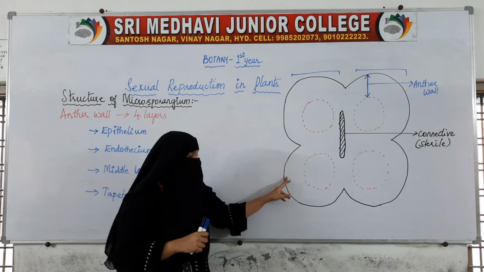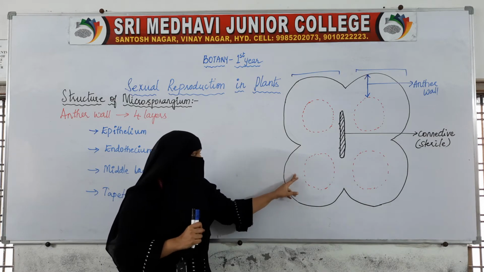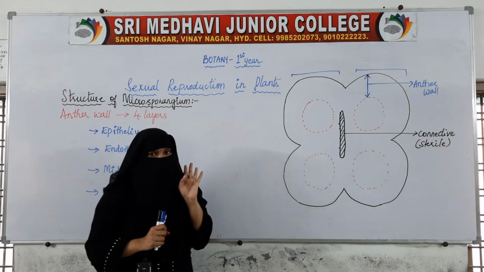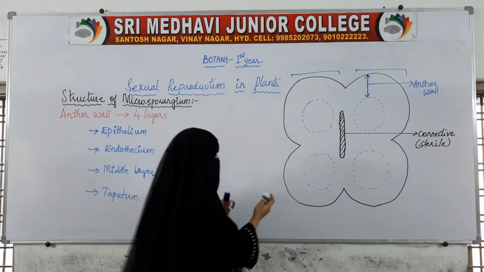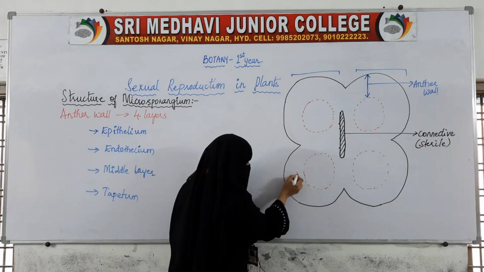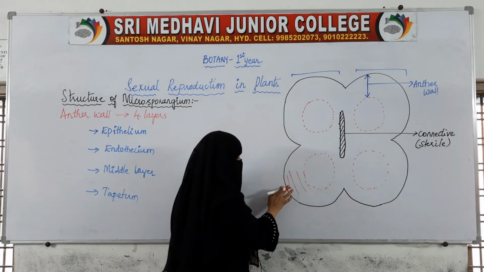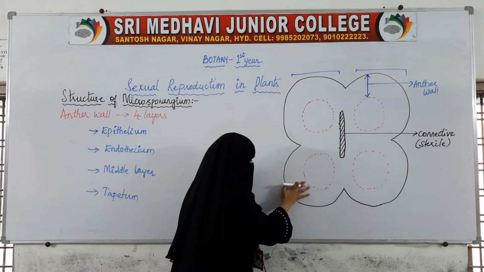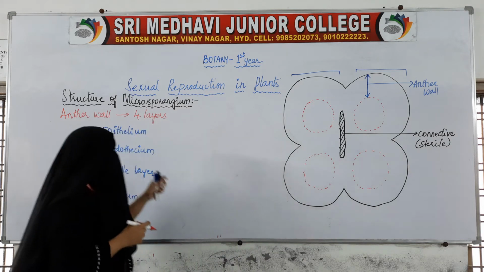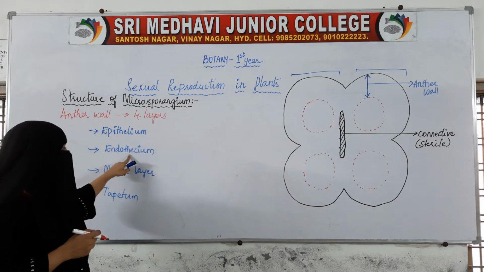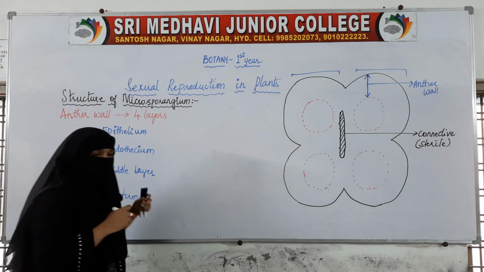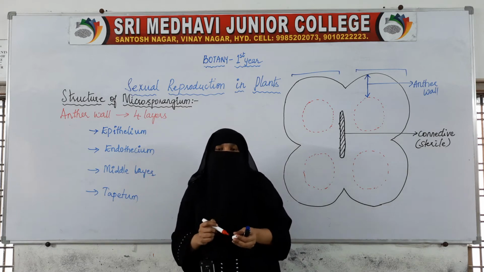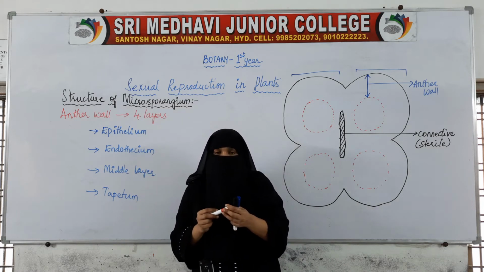We find four different layers in this anther wall. If I draw it like this, these are the four different layers that will be present: the epithelium, the endothecium, the middle layer, and the tapetum.